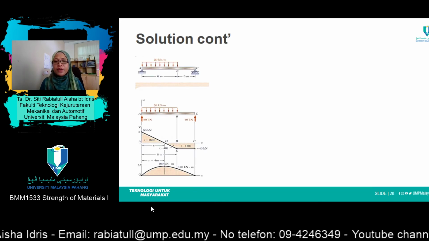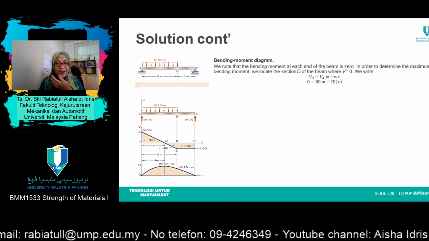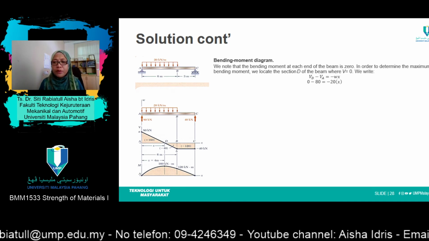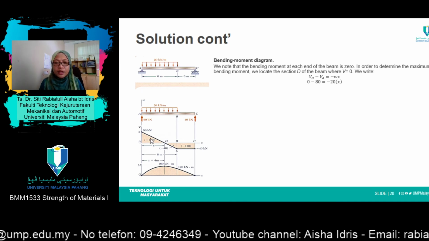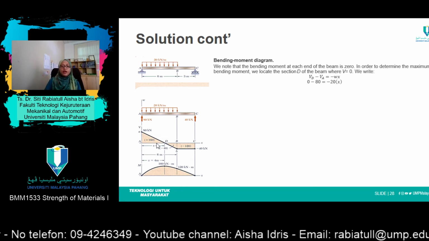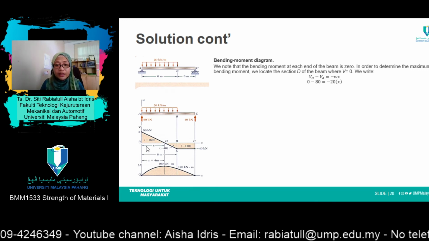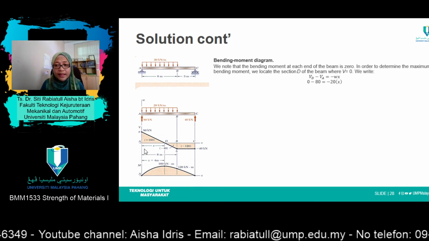After that, moving to the bending moment diagram. For the bending moment diagram, you need to calculate the area under the curve. But before you can calculate the area under the curve, you need to find the value of X there.